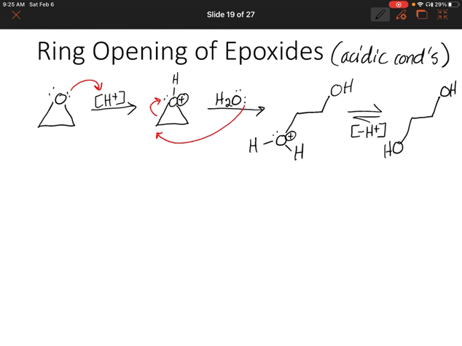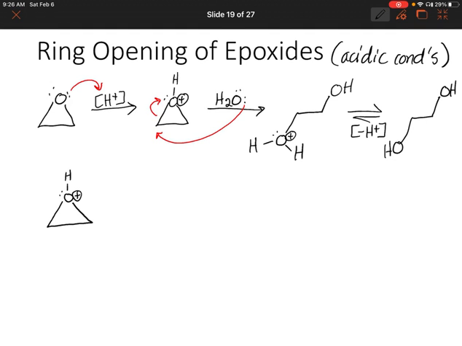Okay, now one other thing that we need to consider is what's called regiochemistry. So where would a nucleophile attack if we have an asymmetric epoxide? So for instance, let's say we have our protonated epoxide here.